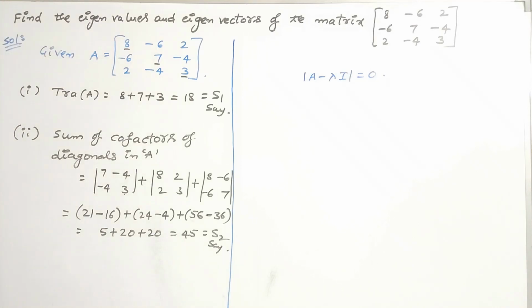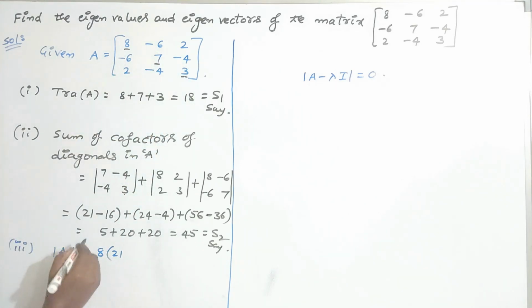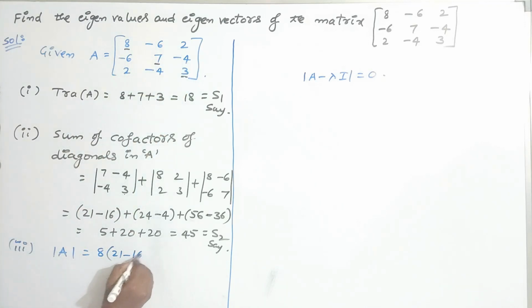Now finally we have to find out determinant A. I will find out det A manually. If you have interest, you can calculate det A by using your scientific calculator. Already in an earlier video, I showed how to find det A in a calculator. See here: 8 into 7 3s are 21 minus 16, minus of minus plus 6.